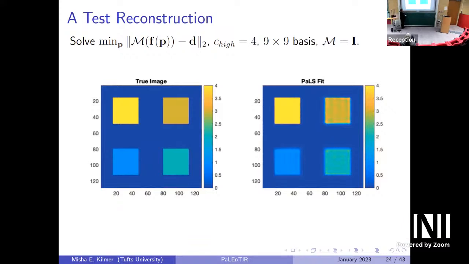Here is the PALS fit, and you can see that the yellow block is very sharp. That's the one that corresponds to the value of C high that I said was known. But I get pretty good shape estimates for where these things are.